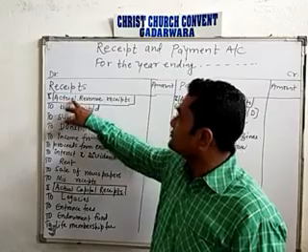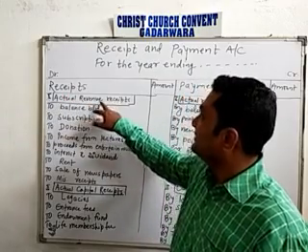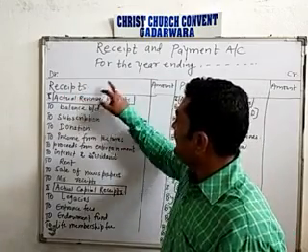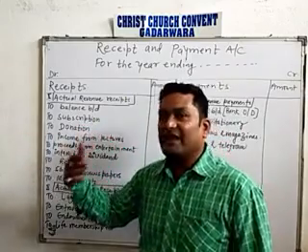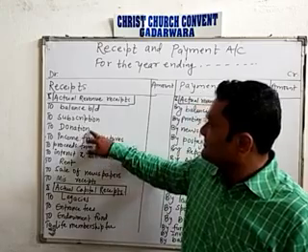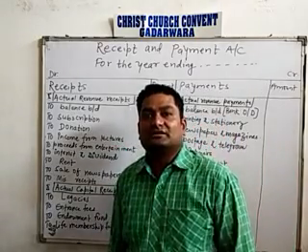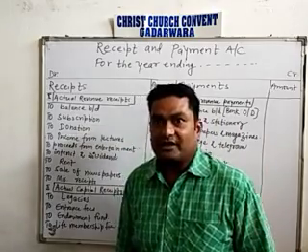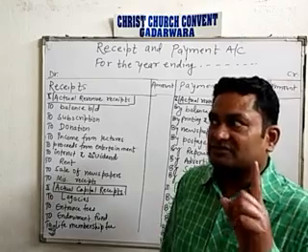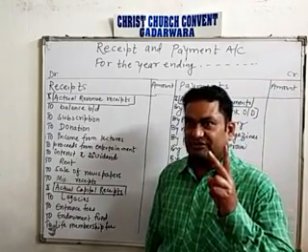And this is a revenue receipt. Why? Because we are getting it every month. Second is donation. Donation means dan. Donation is of two types: general donation and specific donation.